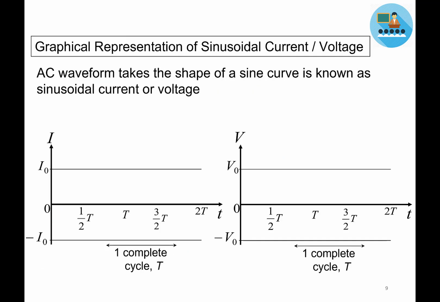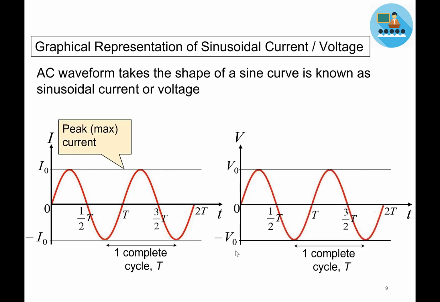Let's look at these two graphs, I against t and V against t. We can see I0, negative I0, V0, and negative V0. I0 shows the peak or maximum current, and V0 shows the maximum voltage.